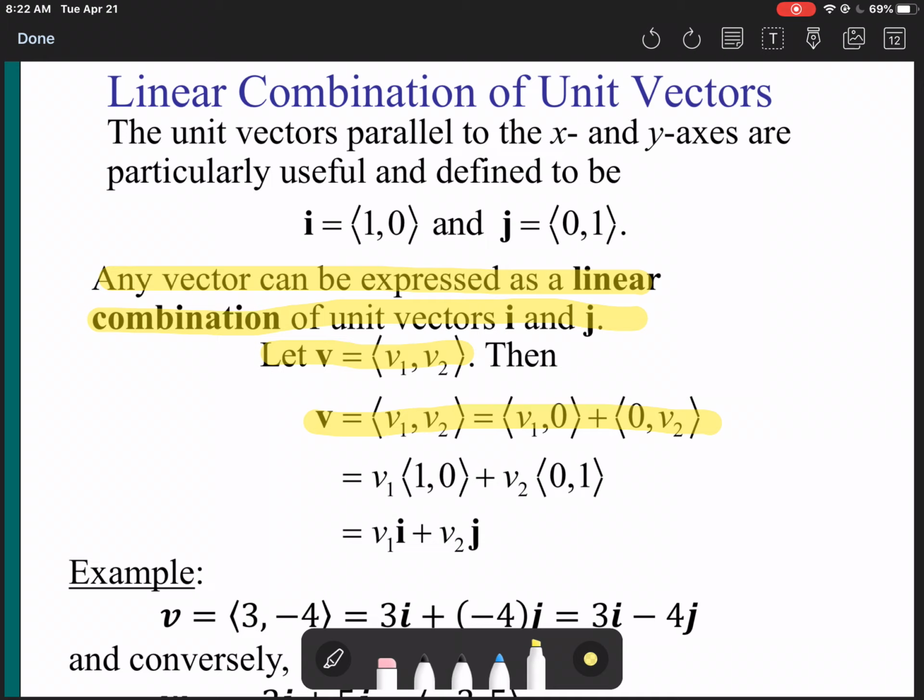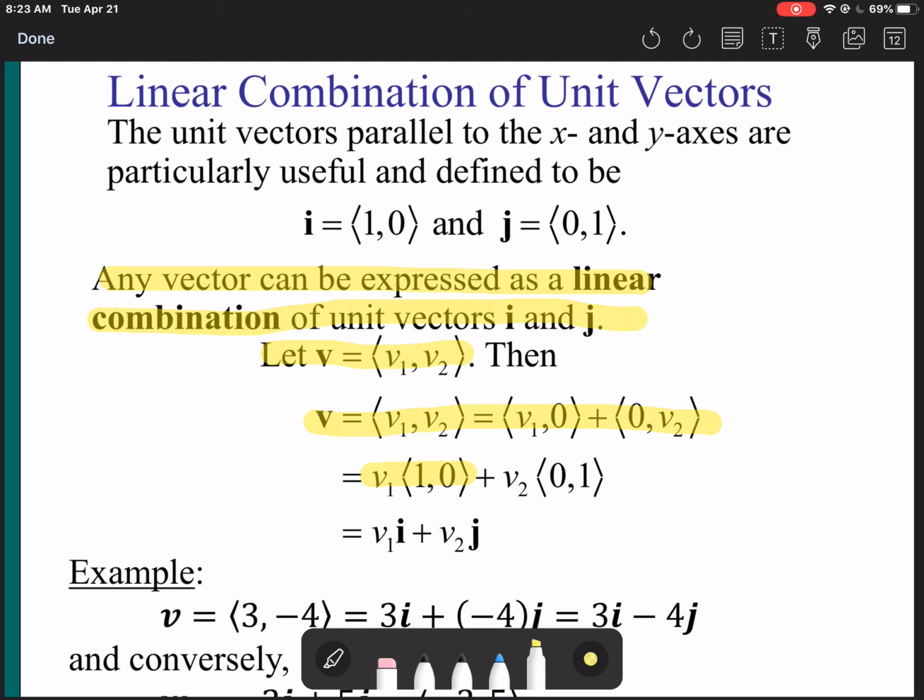Now I can take these two vectors, v1, 0 and 0, v2, and I can express v1, 0 as v1 times the vector 1, 0. And notice again, I'm just multiplying v1 times 1 to get our horizontal component. Now remember, v sub 1 and v sub 2 are just the components of our vector. Those are just scalar quantities.